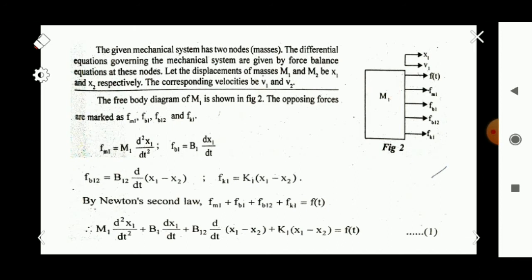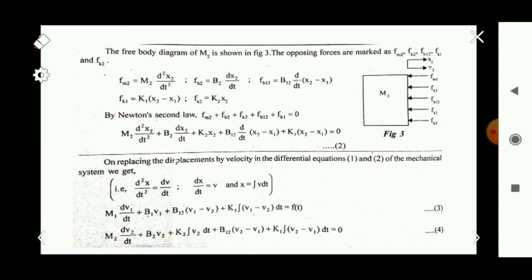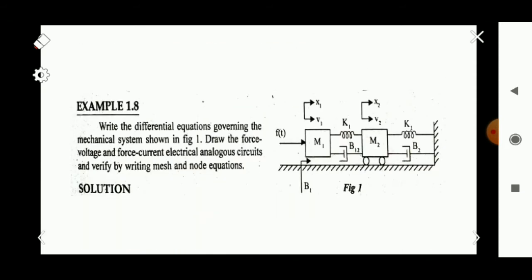Okay, and next we are going for the second node M2. Okay, so by observing this figure, for M2 there is no applied force here, and the opposing forces are due to this K1, B12, K2, B2, and M2. So five opposing forces are there.